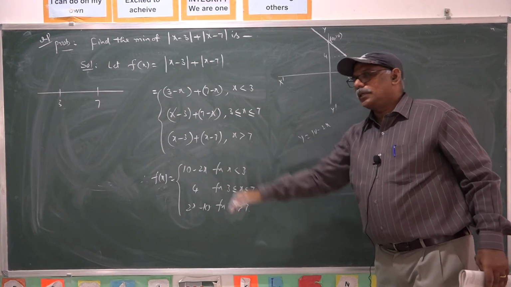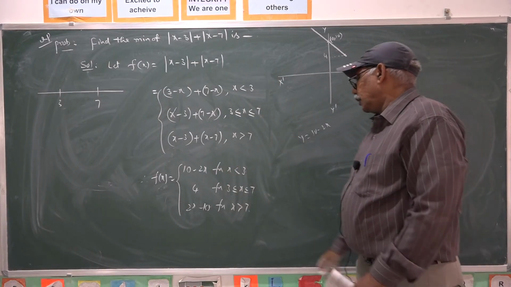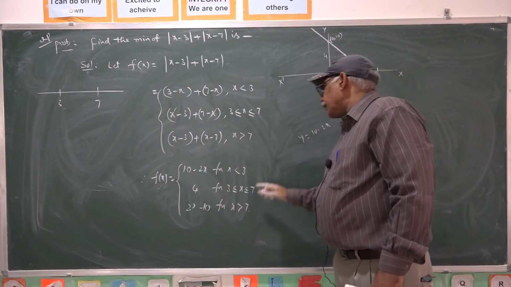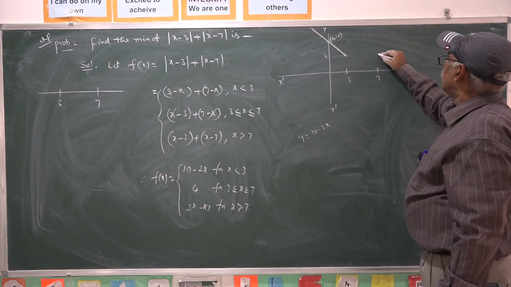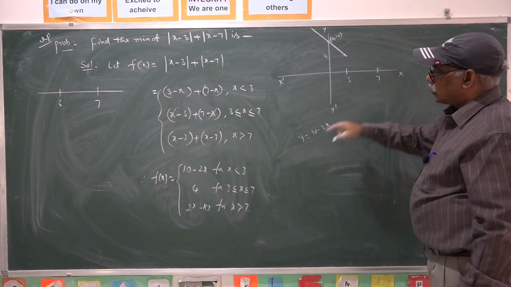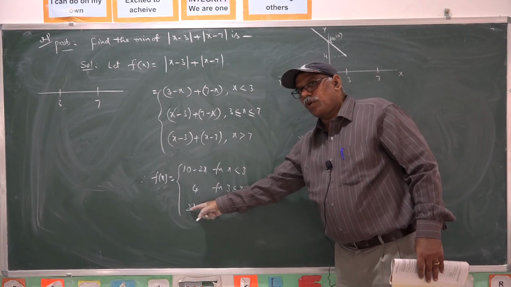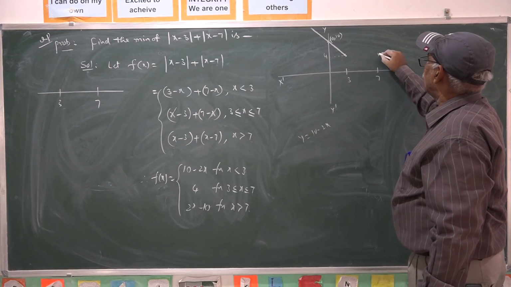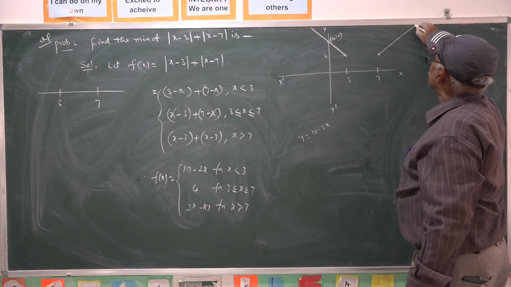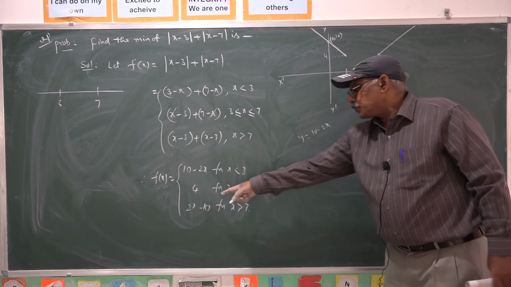For x less than 3, it is 10 minus 2x. For x greater than 7, it is 2x minus 10. For x equal to 7, you get 14 minus 10, which is 4. So from the point 4, it goes like this, because the slope is positive.